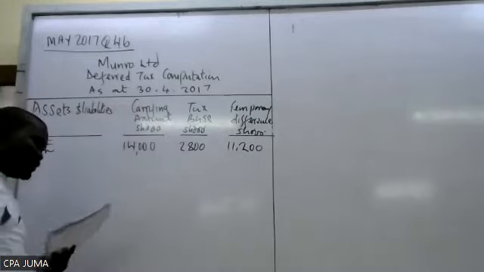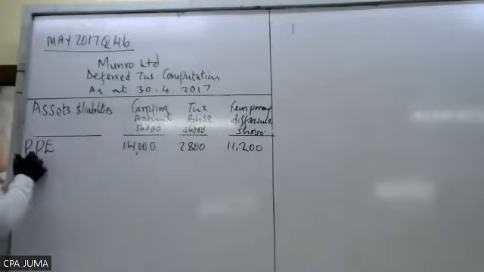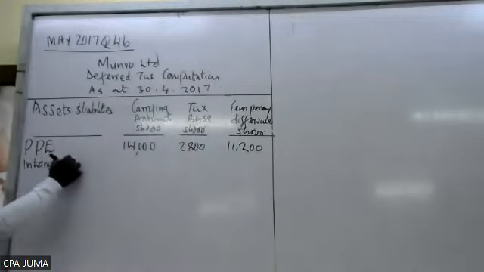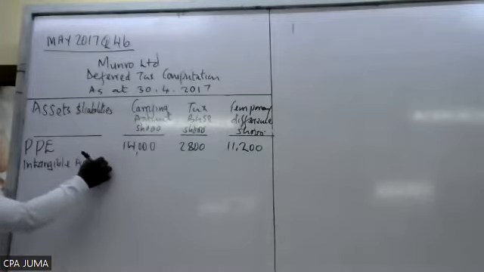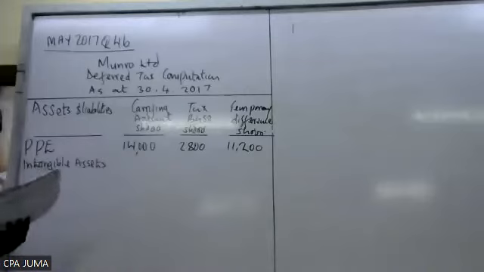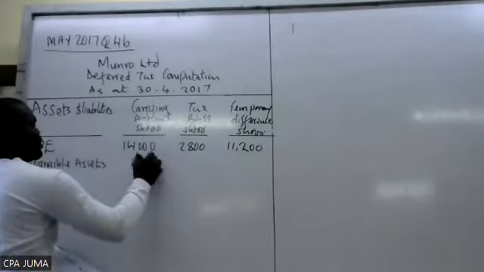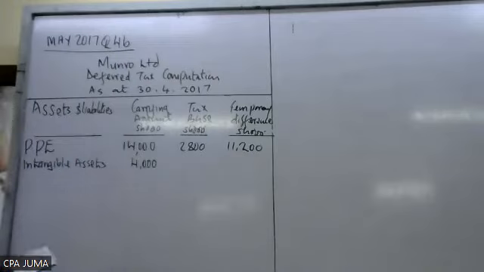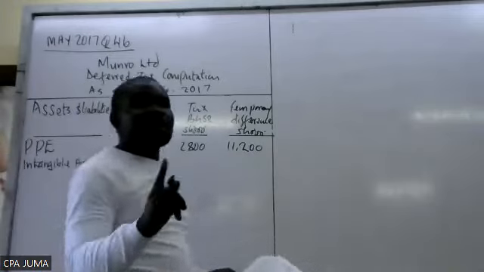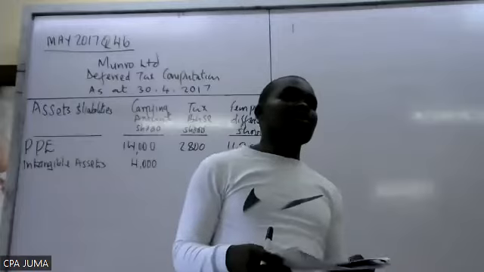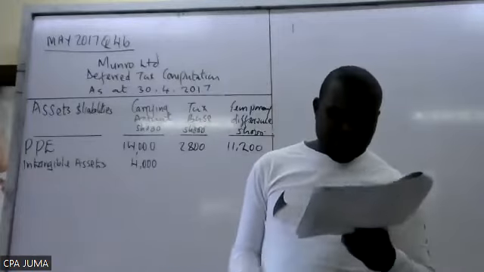Next, intangible assets. What is the book value? 4,000. Tax base was talked about somewhere. Which note? 3.